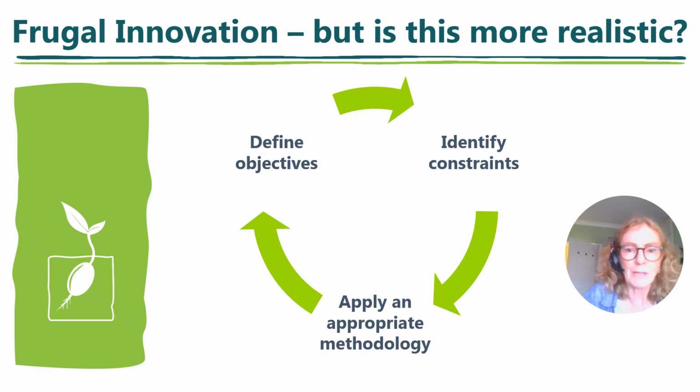So that's why I've represented these three steps now in a bit of a cycle. So we've come to realize it's not linear, finite, it's more of an ongoing iterative process.